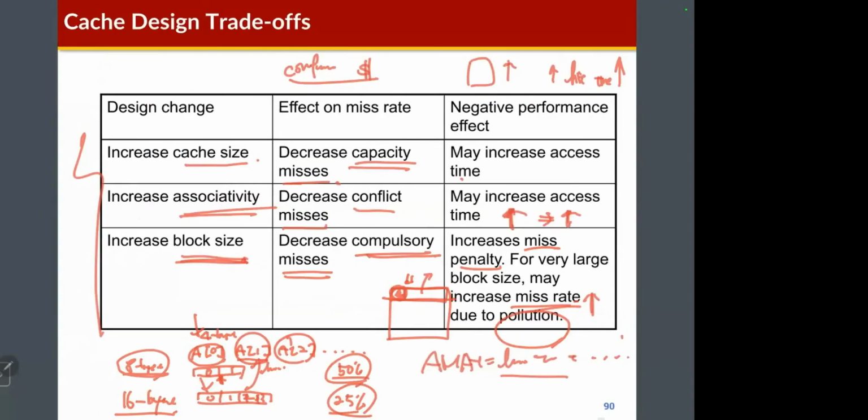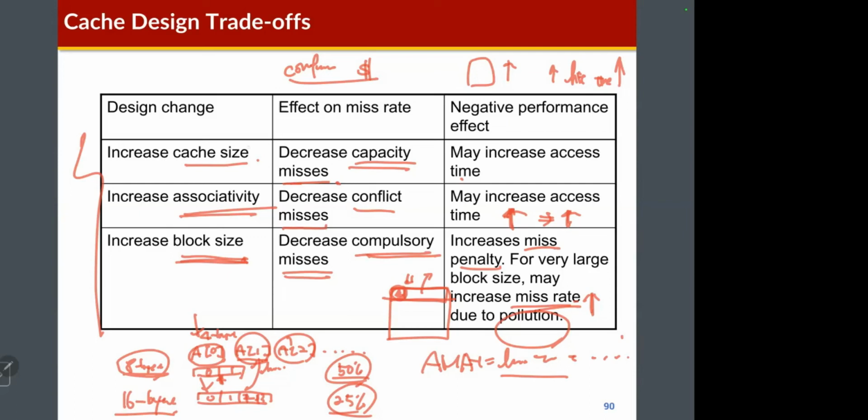So cache configurations also influence the cache performance. Then we need to consider some optimal cache configuration, so that the cache can gain higher performance.